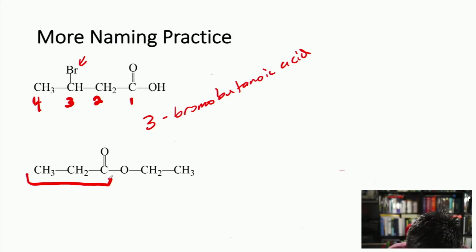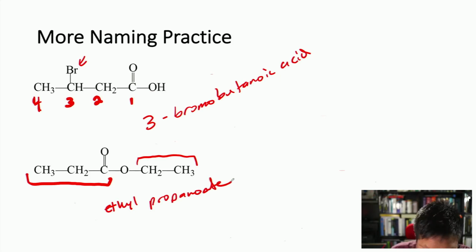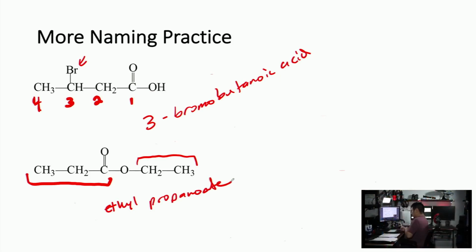And then on the other side of the ester, we have the ethyl. So that would be ethyl propanoate. That simple. You didn't even have to number the carbons because there were no substituent groups hanging off the side of the chain.